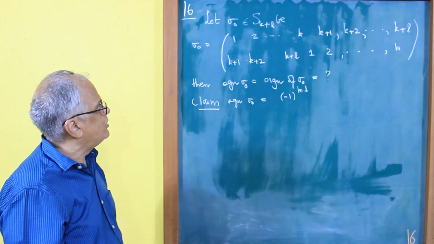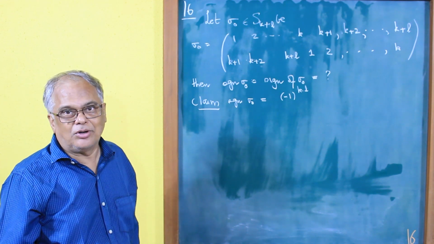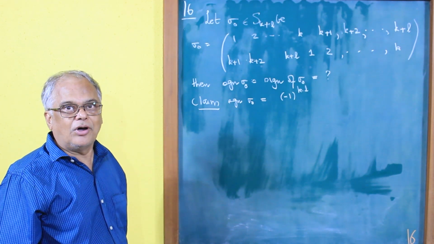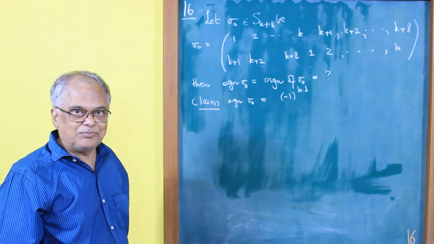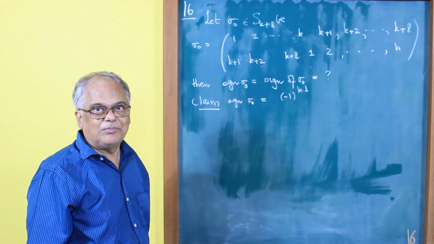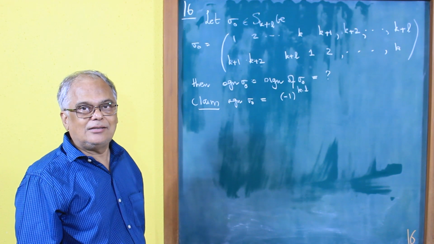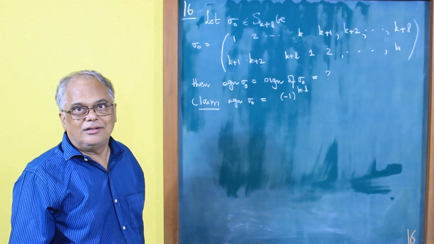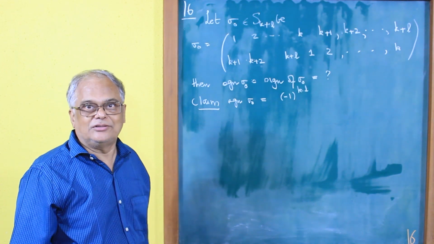Now, if you try to look at it, it looks as if it's quite complicated. And obviously, to get some idea of what is going on, we should take examples where k and L are small numbers: k less than L, k equal to L, and k greater than L. In these cases, what is the answer that you will get?